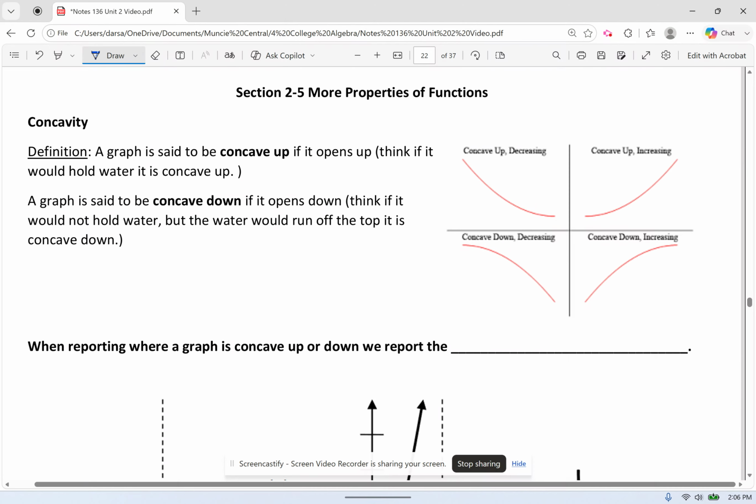Now, just like with increasing, decreasing, and positive, negative, we look at the y's to see if it is concave up or concave down. But what are we going to report? We are going to report the x values in interval notation when something is concave up versus concave down.